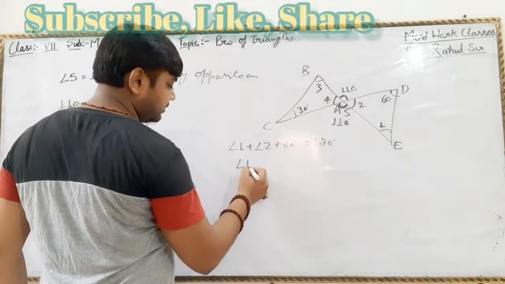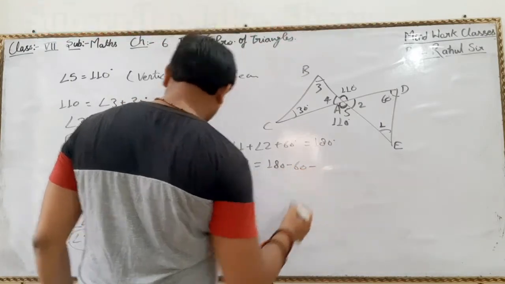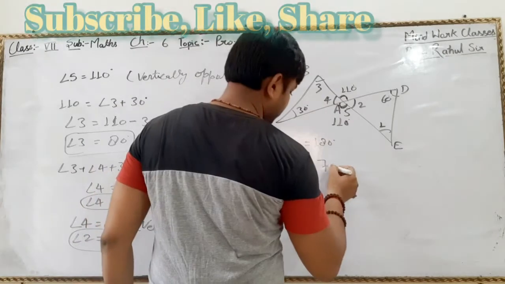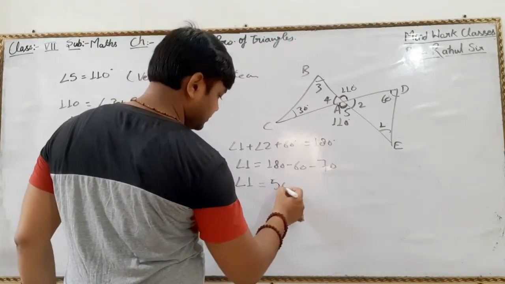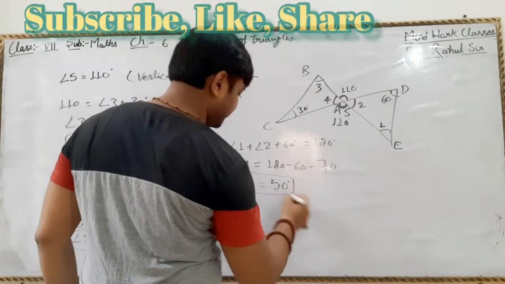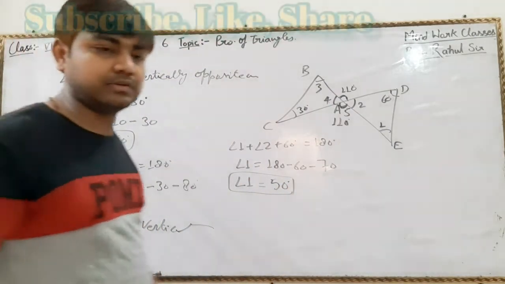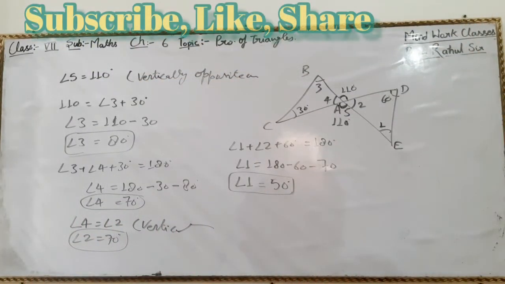So angle 1 is equal to 180 minus 60 minus angle 2, which is 70 degree. So angle 1 is equal to 50 degree. This is how we can solve this question. Take the screenshot of this.